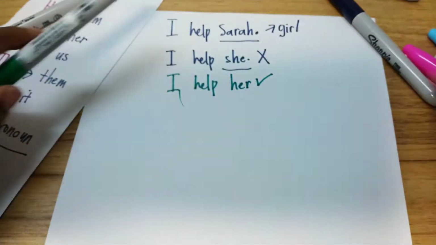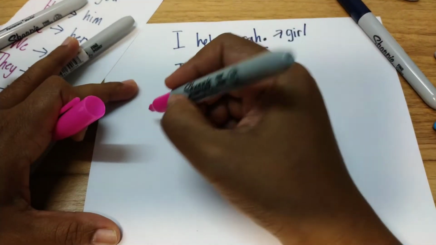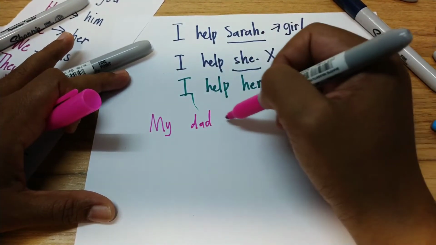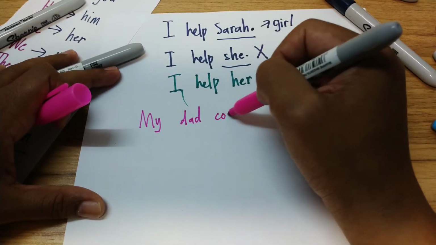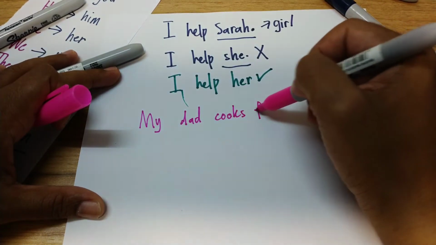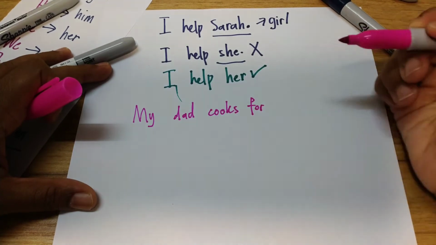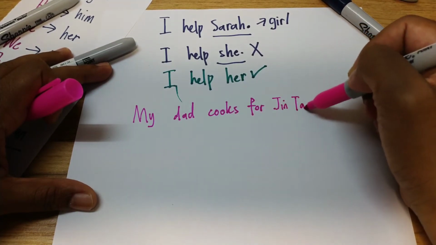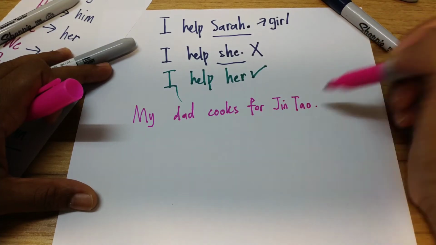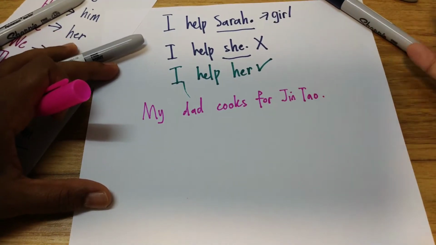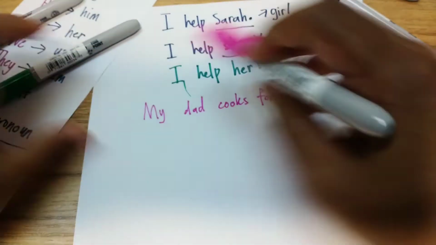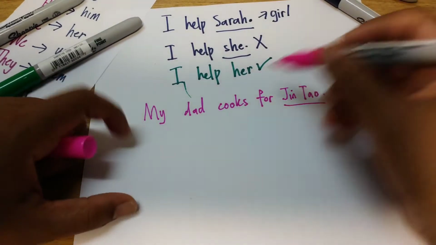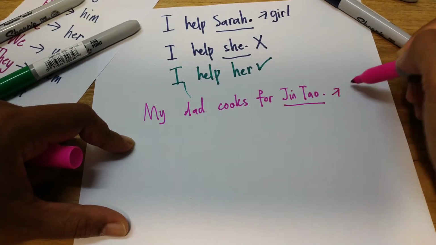Okay, another example. My dad cooks for, what's your name? Let's say your name is Jin Tao. My dad cooks for Jin Tao. So Jin Tao says my dad cooks for. How do you write that? If you are Jin Tao, I'm talking about you. You will think about I, right?